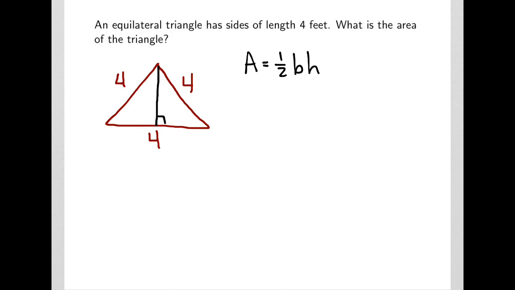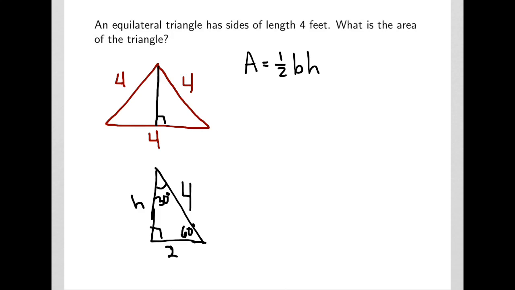So in reality, I'm recognizing that there is this triangle where I have a hypotenuse of 4, half of the base is 2, and we don't know the height. One way to do this is to recognize that this is actually a 30, 60, 90 triangle, and we can calculate that height.